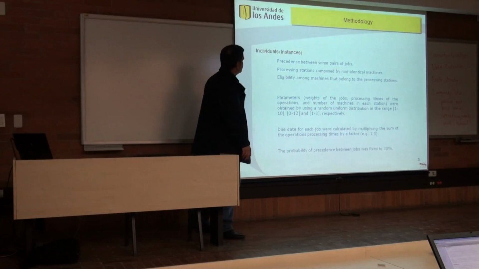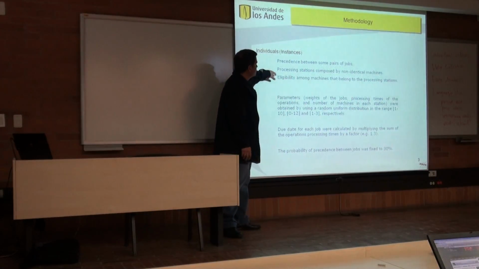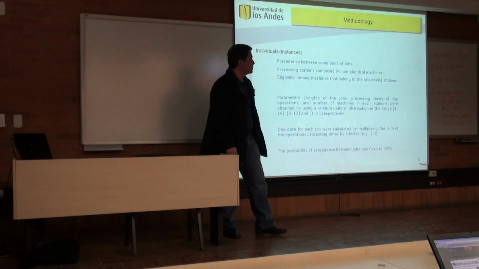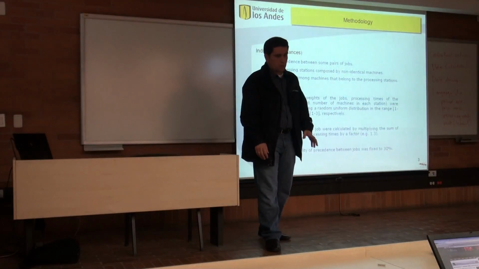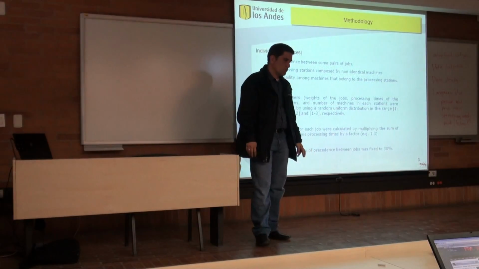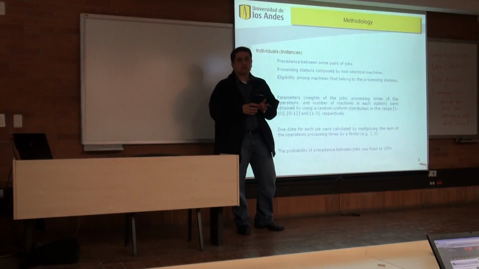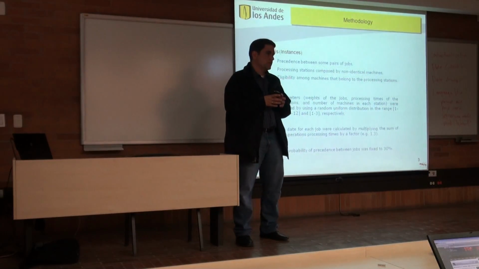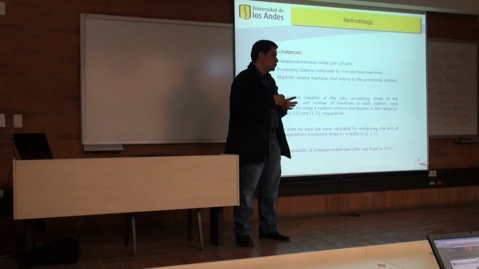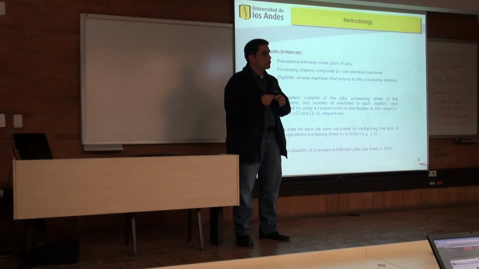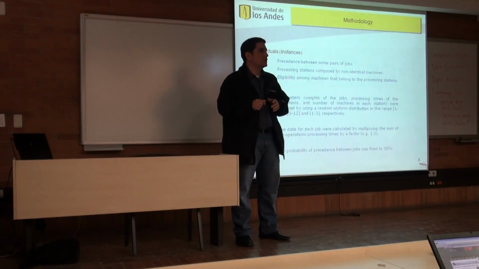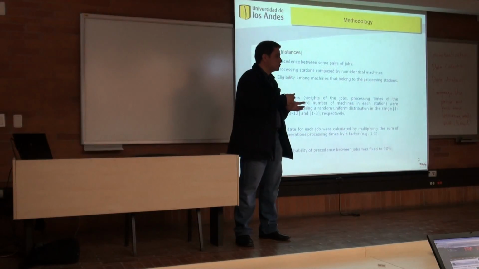Why this kind of characteristics, especially the precedence between some pairs of jobs? Because when we have to fabricate some mold for injection parts, some parts that we produce are not in the final product.